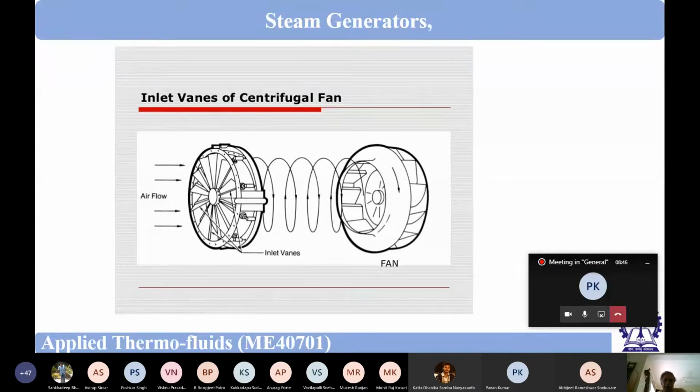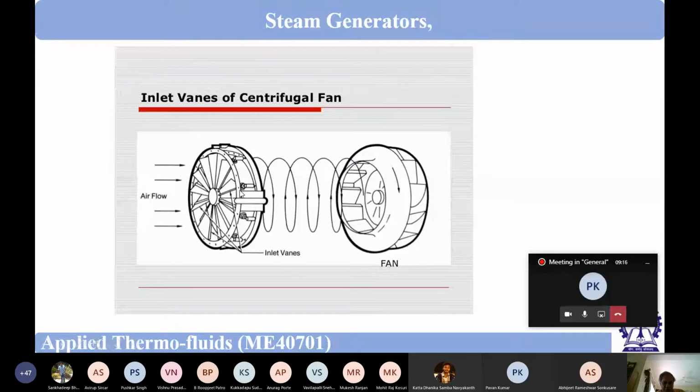Damper could be of different types, and like a valve, it will put some resistance in the flow. Not only that, it will also make the flow field non-uniform. This kind of inlet vane is used with very large centrifugal fans.